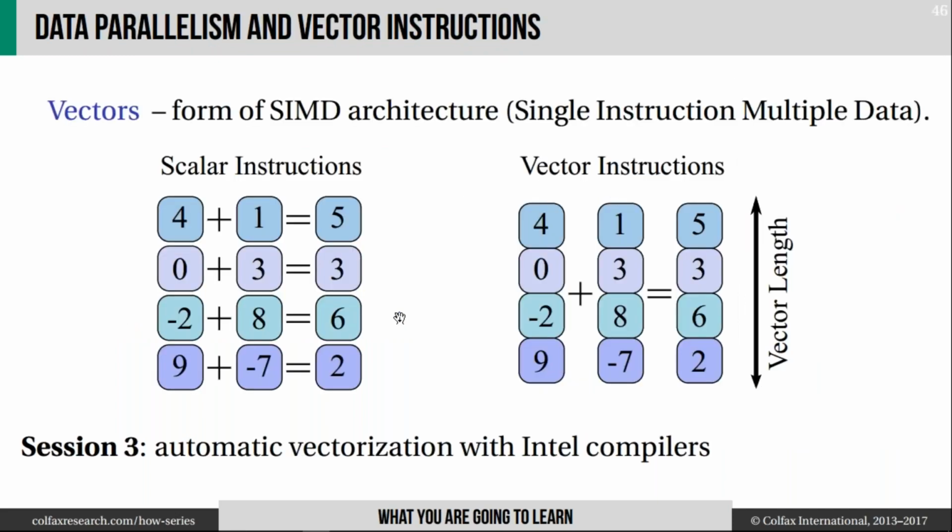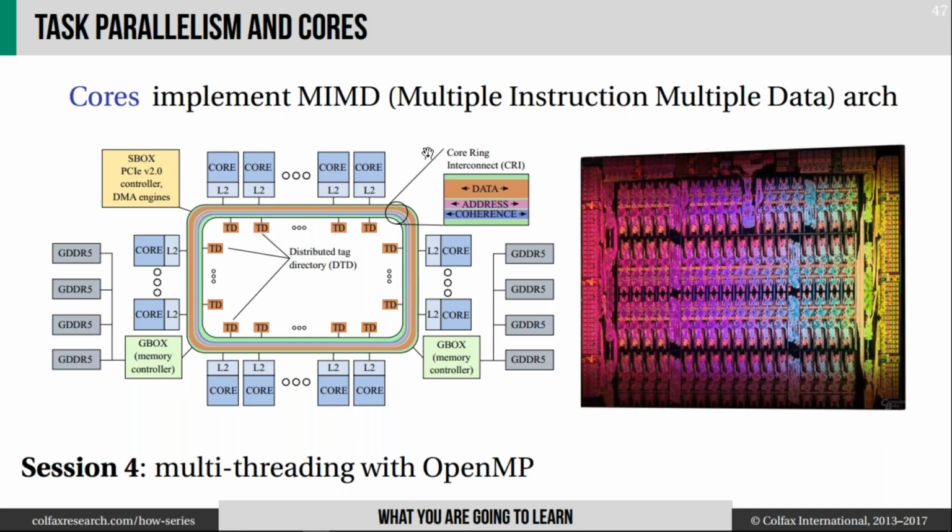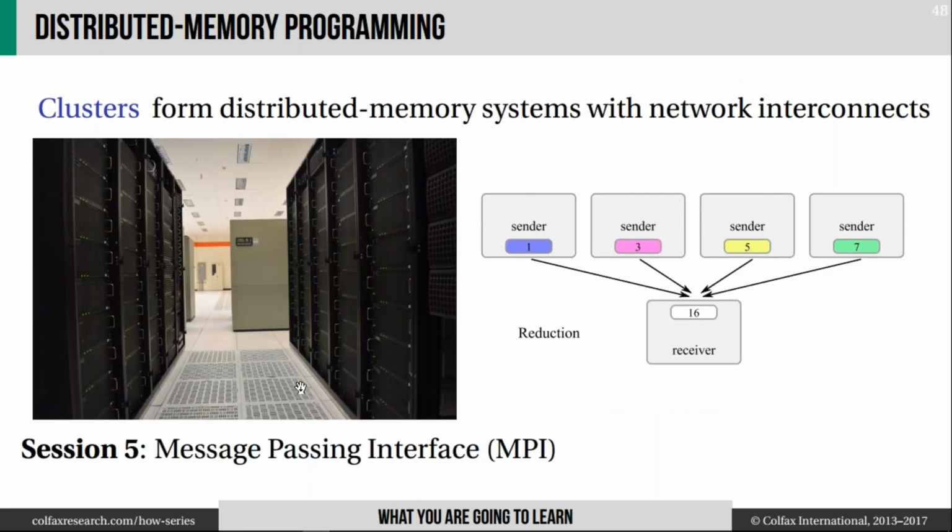In session 3, we will talk about expressing opportunities for vectorization to the compiler, automatic vectorization, and taking advantage of data parallelism. Then continuing expressing parallelism is a session on multi-threading with the help of OpenMP. And in conclusion of the week, expressing parallelism on the level of a cluster, we will talk about MPI in session 5.